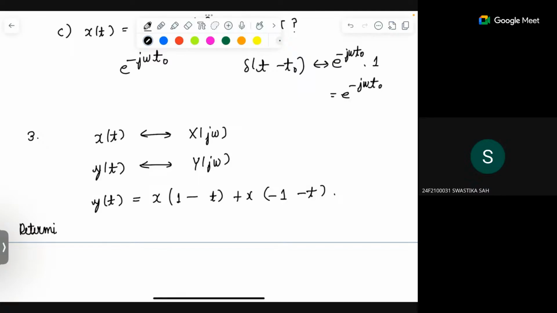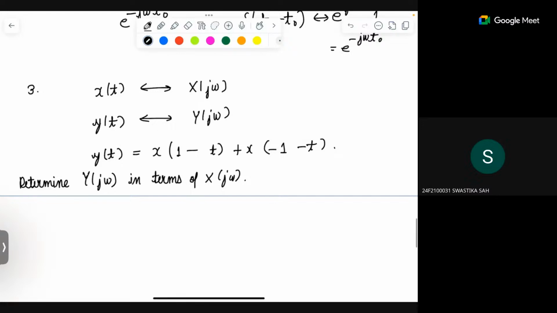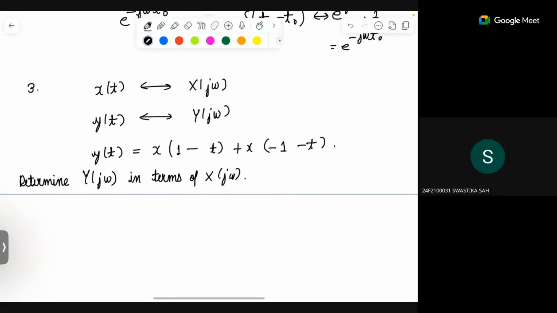You have to determine Y of j omega in terms of X of j omega. So here two properties, or rather three, you will be using.